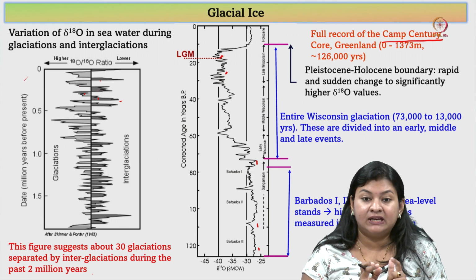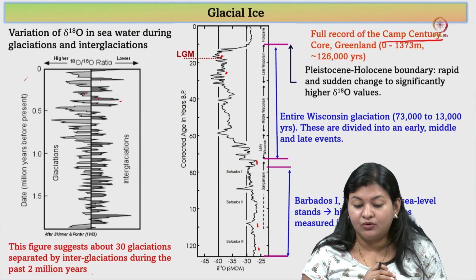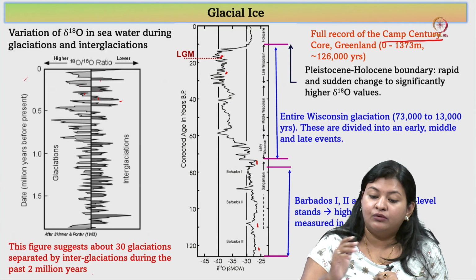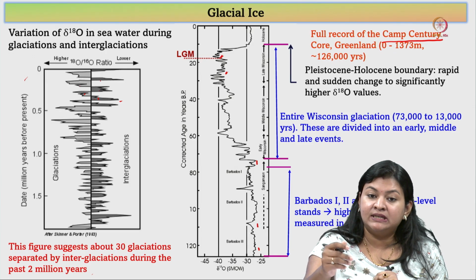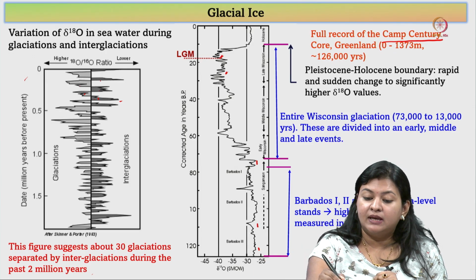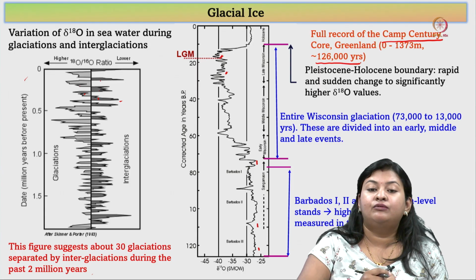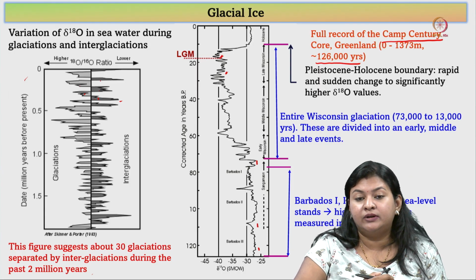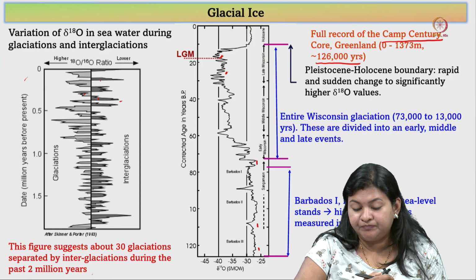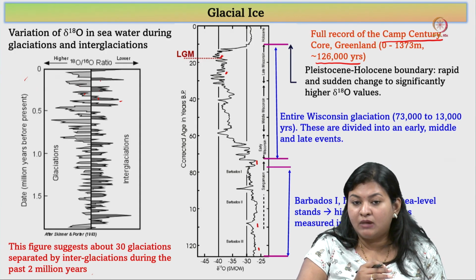Just imagine, more than a kilometer length of glacial ice core, and if you are using different methods of dating, this has been dated correctly for around 126,000 years, and we have marked all the boundaries.